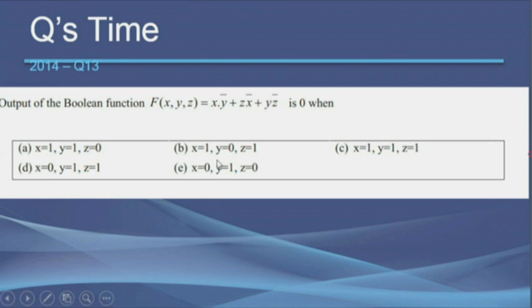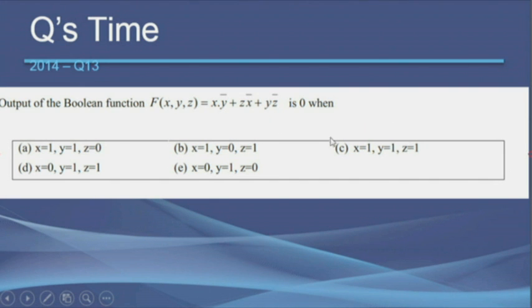Again you can see y bar, x bar and z bar here, where bar means the inverse of the digit. So if we have x equal 1, y equal 1 and z equal 1, then y bar will be 0, x bar will be 0, z bar will be 0, which means you will end up with 0, 0, 0.